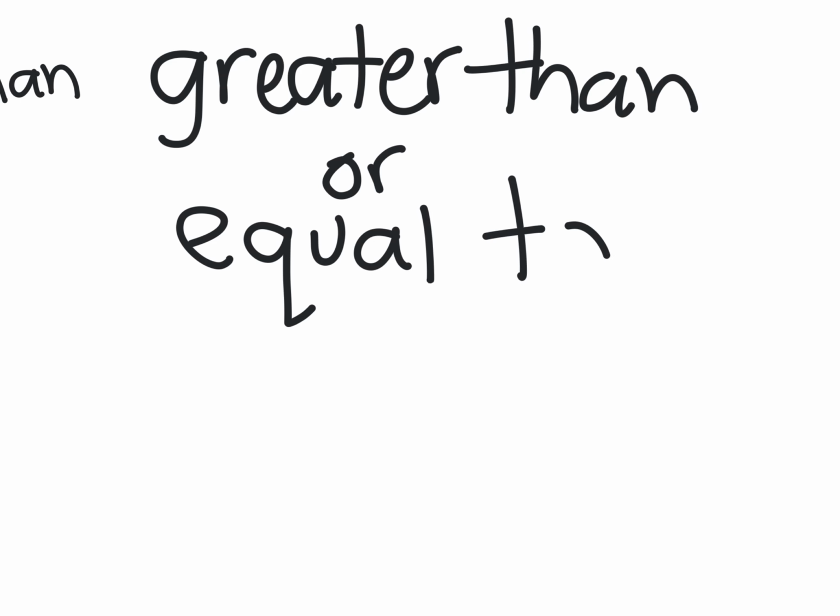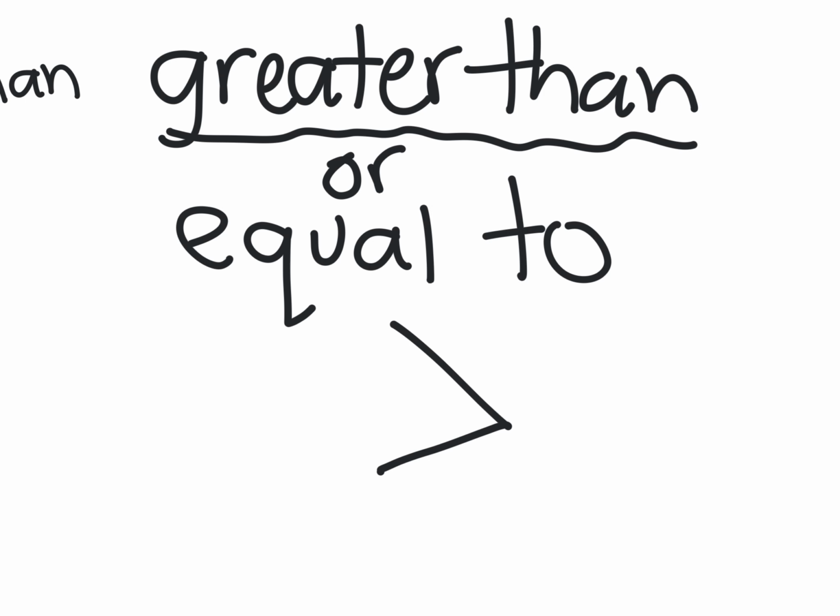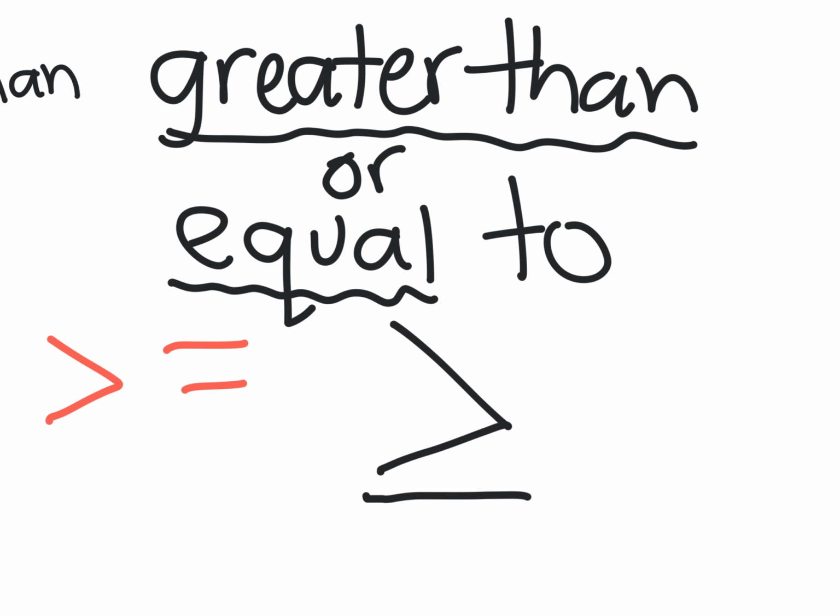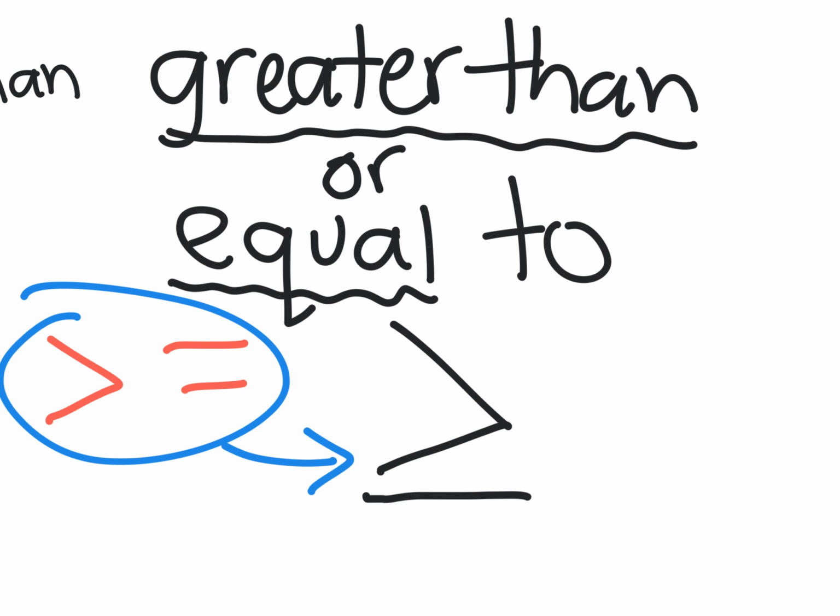So that looks just like the greater than, right? We know what that is. That opens up this way. But then the equal to portion we represent with a line underneath. So it's kind of like the greater than sign and an equal sign came together and turns this. So that means greater than or equal to.